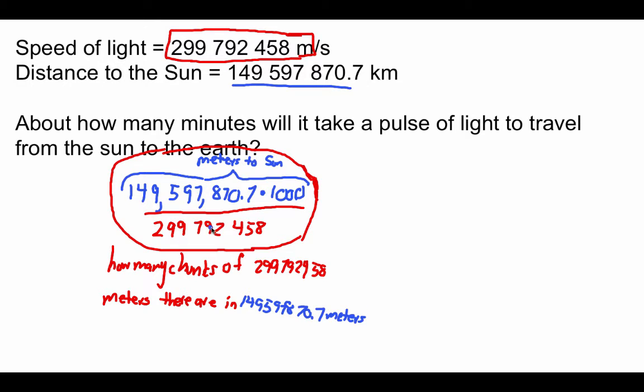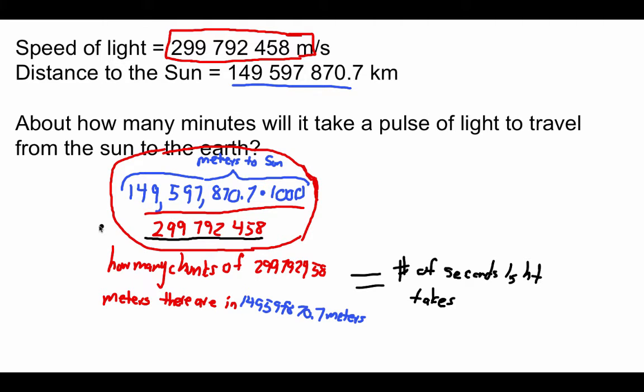Well, each of these chunks takes 1 second. So this is also, do I have another color? Yes, I do. So this is also equal to the number of seconds light takes. All right, and let me review that one more time. I know that this amount of meters takes 1 second.